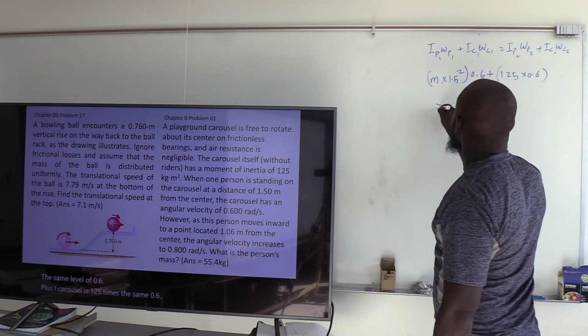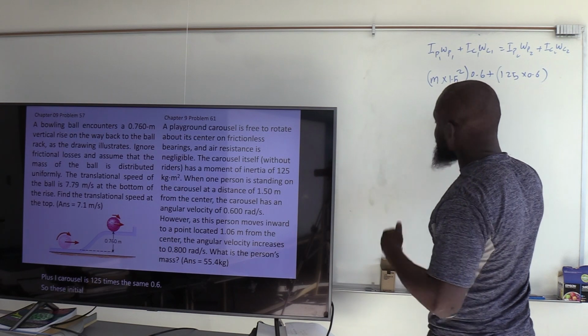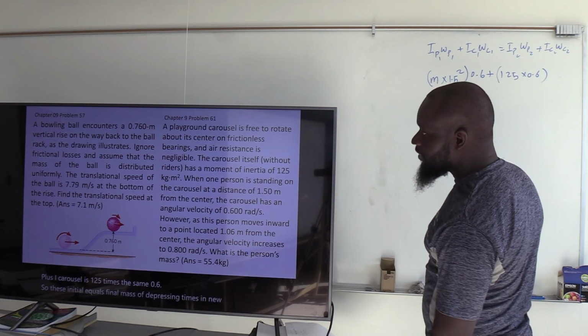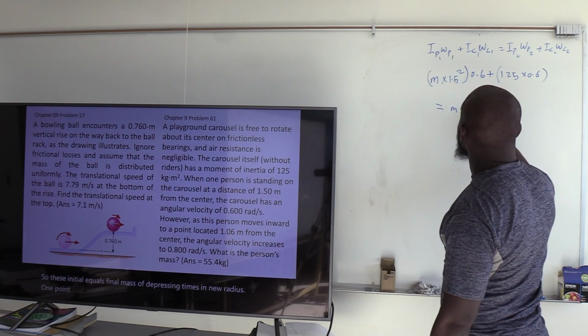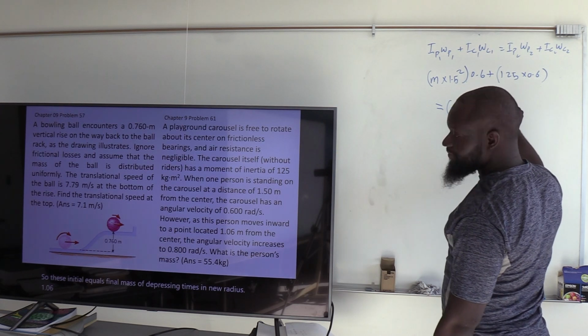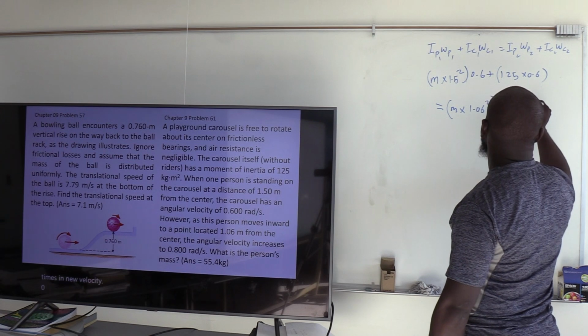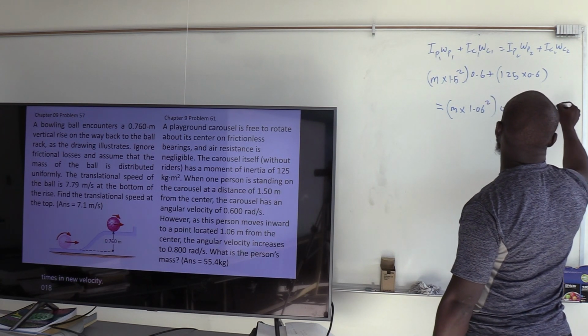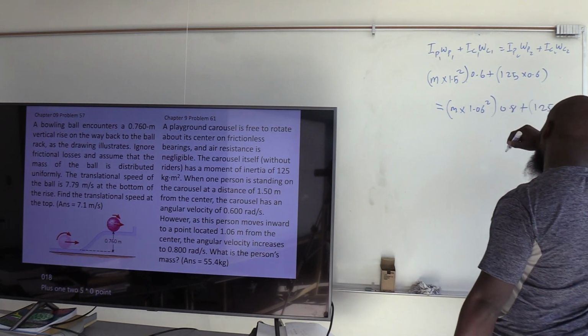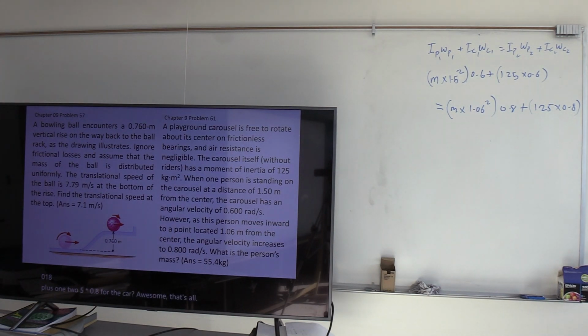Initial equals final: mass of the person times a new radius 1.06 squared times a new velocity 0.8, plus 125 times 0.8 for the carousel. That's all. So we look for m.